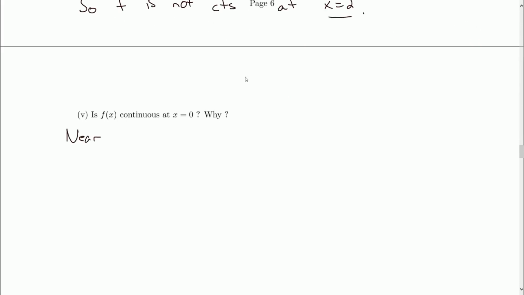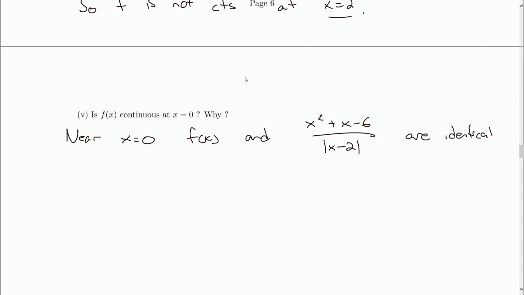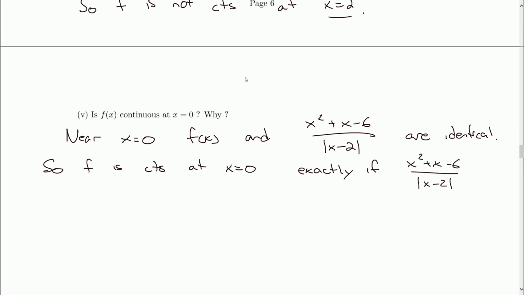So I might say something like, near x equals 0, f of x and x squared plus x minus 6 over the absolute value of x minus 2 are identical. It's only when we get out near 2 that these functions might switch around a little bit. Now, f is continuous at x equals 0 exactly if x squared plus x minus 6 over the absolute value of x minus 2 is.